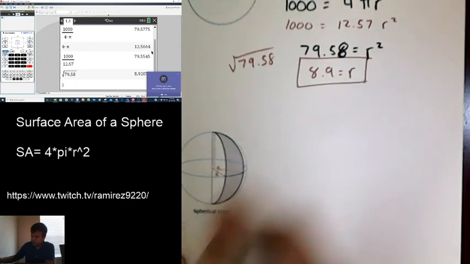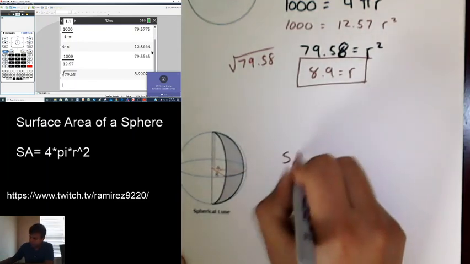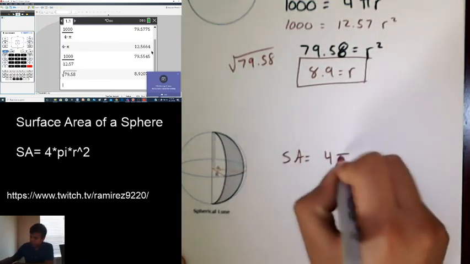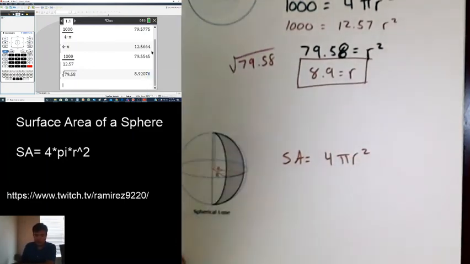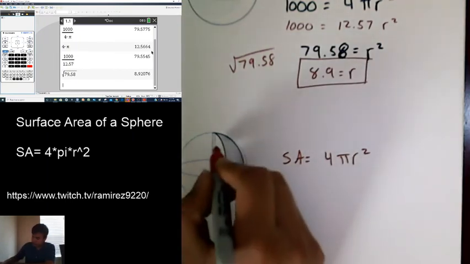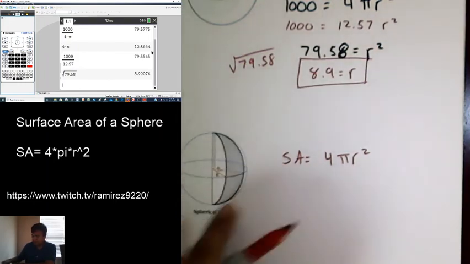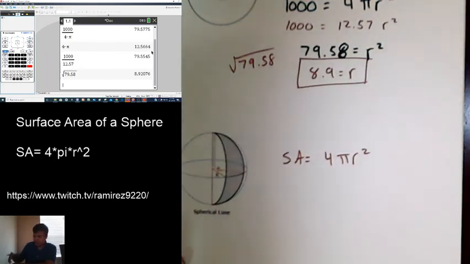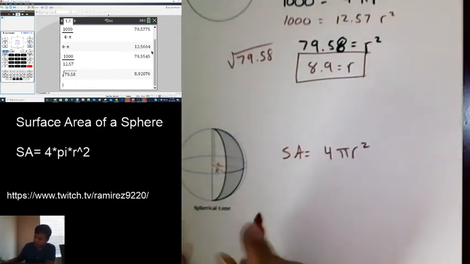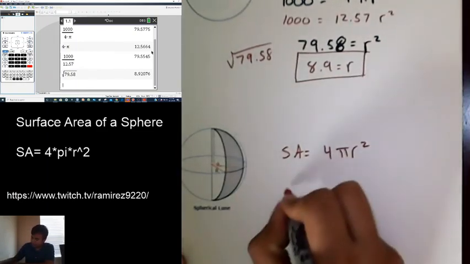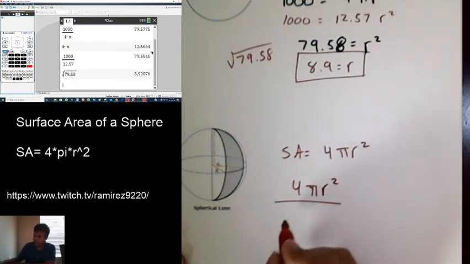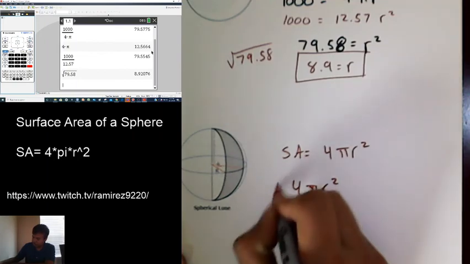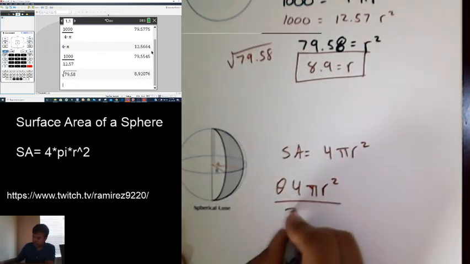If you know that the surface area is 4 pi r squared, and we know that this is just a fraction, and you wanted to find this area, we're just going to do a quick alteration to the formula. So to find the area of this part of the sphere, of the surface area, we still use this 4 pi r squared, but we create a fraction where we use theta as our angle over 360, right?